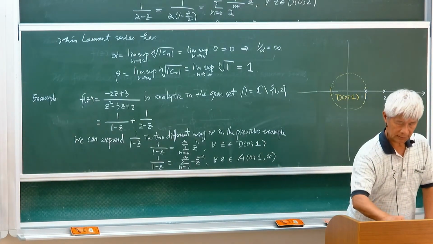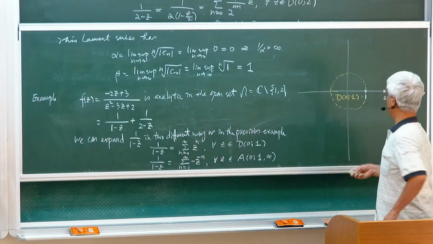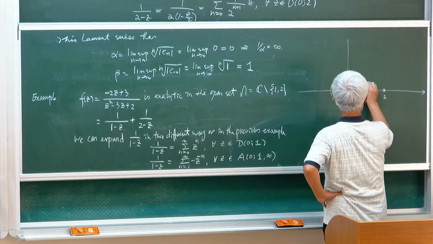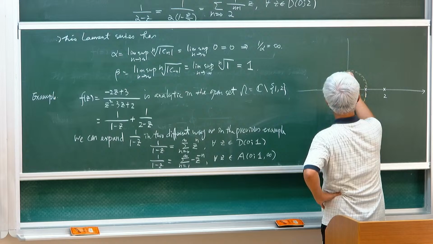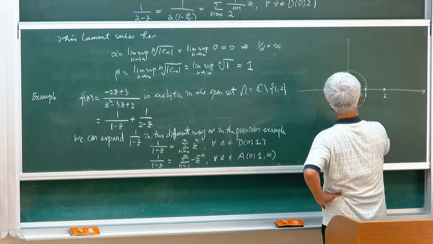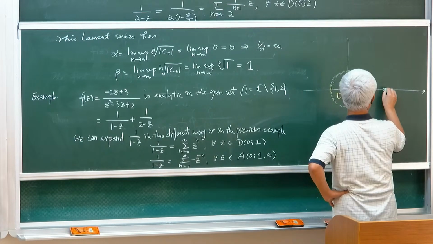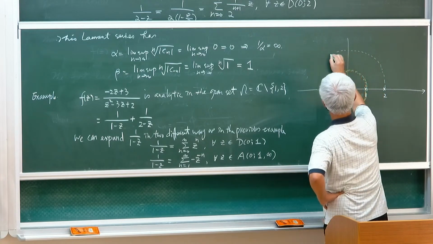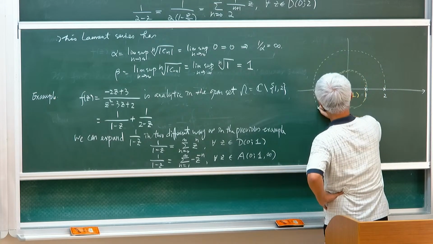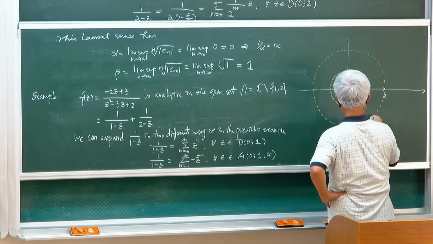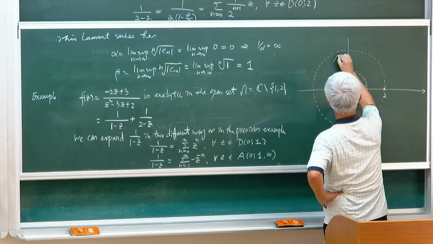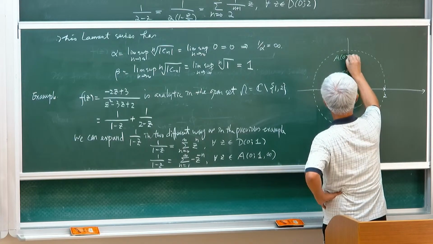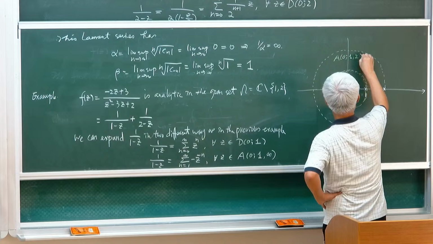And we have an open annulus with inner radius 1 and outer radius 2, center 0.